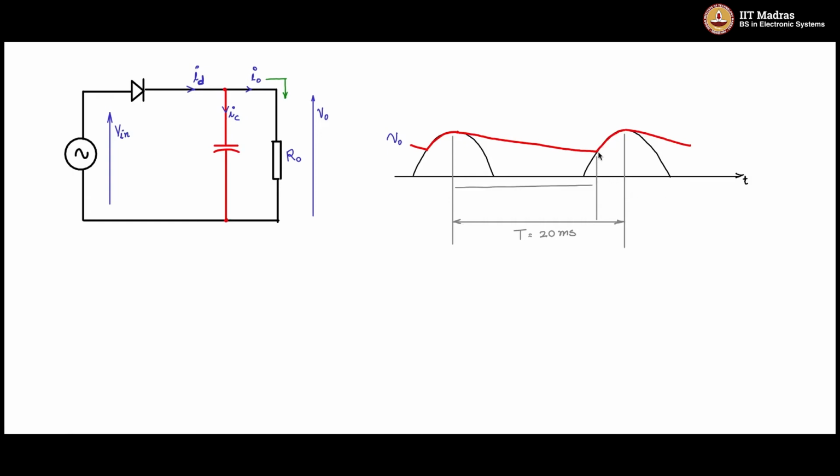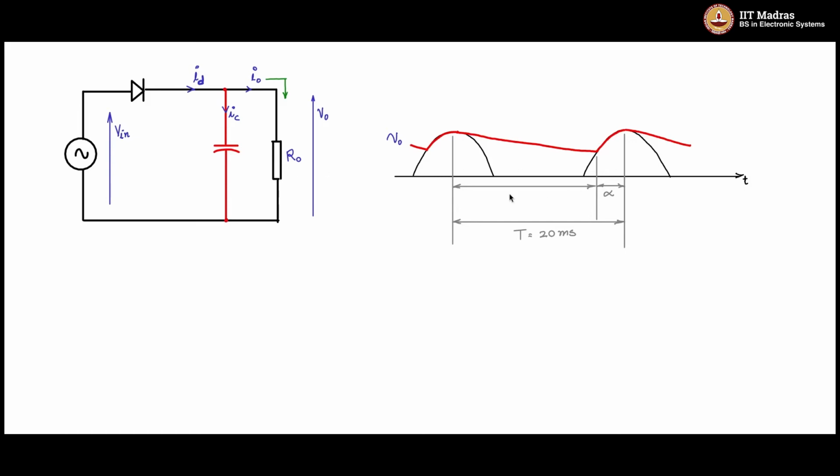So let us say that we have this another critical point, this point of intersection. There are these 2 portions that I'm going to divide this time into, and if I call this alpha, then for the alpha duration the capacitor voltage is following the input, and for all other duration in this period, the capacitor is cut off from the input because the diode is reverse biased and the capacitor is only supplying energy to the load.